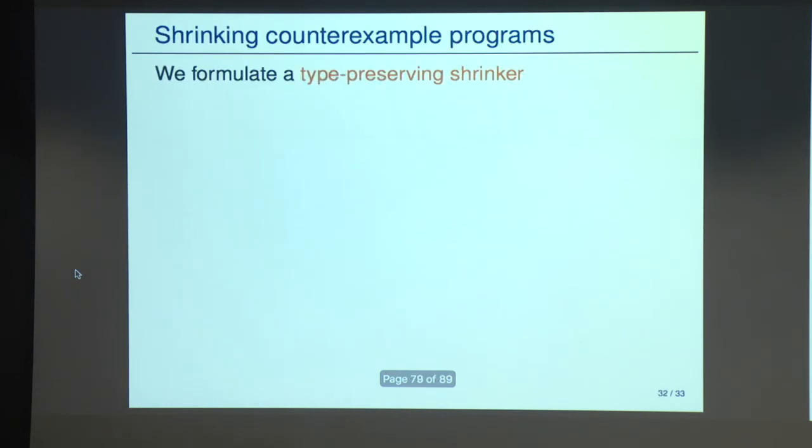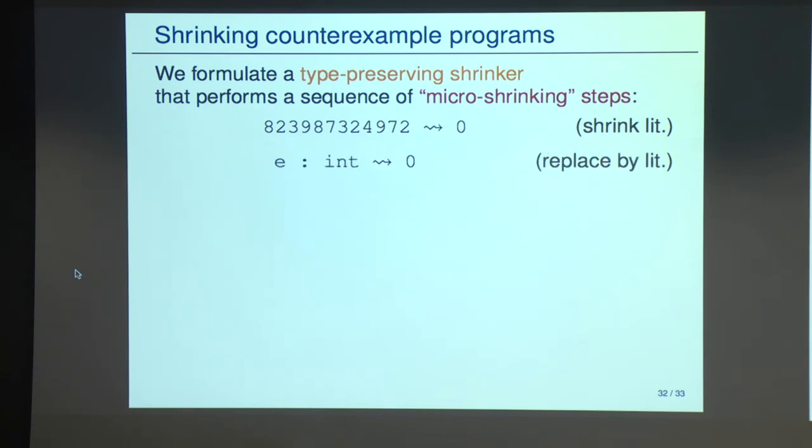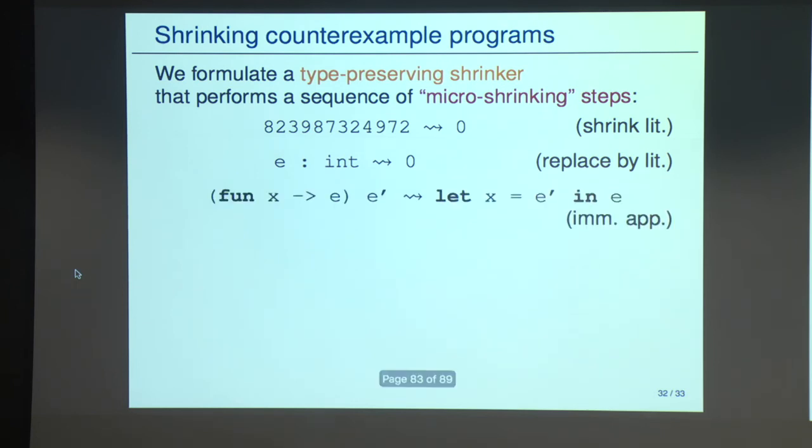And the way we do it, I only have one slide to tell you. We do a type-preserving shrinker, and it's composed of just a sequence of little shrinking simplification steps. Here's a selection by example. If you have a large literal, you could shrink that one. If you have any sub-expression of type int, we can replace it just by a literal.